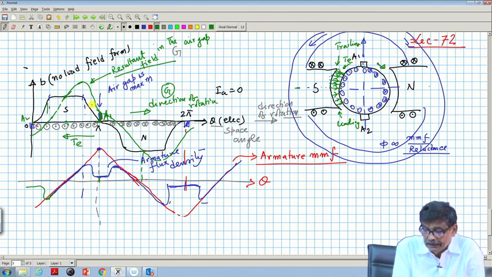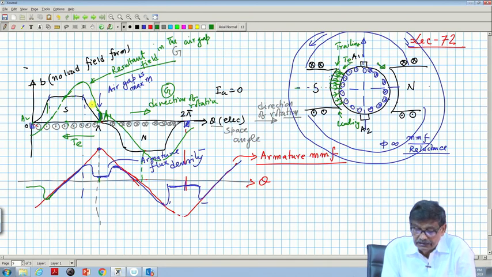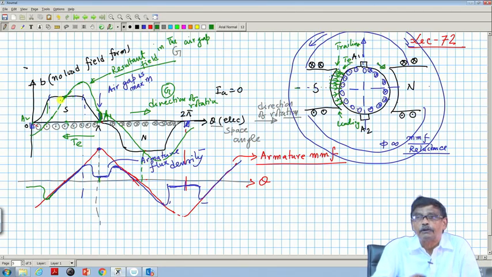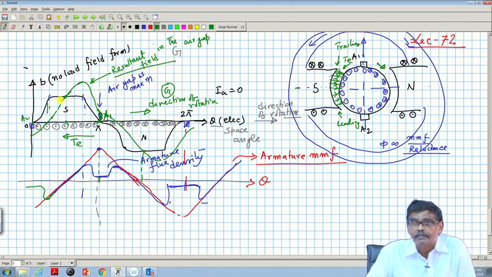But what I am telling, if there is no saturation taking place for some low value of armature current, maybe the increase in flux in one half will be equal to the reduction in flux in the other half, that is this area and this area are the same. So, the flux per pole will remain the same, and we can neglect the armature carrying current, it has no effect.